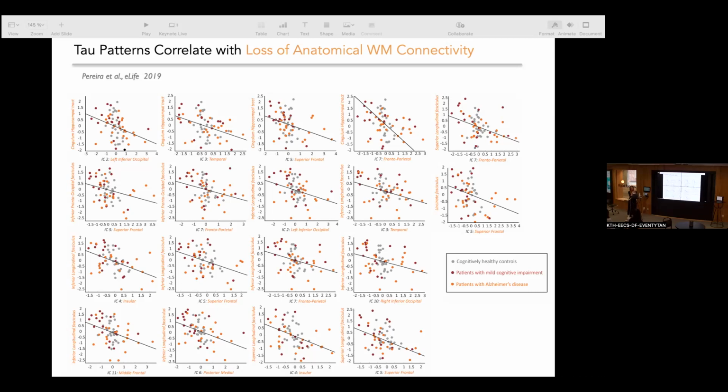And here what we are seeing are measures of white matter connectivity. What are these measures? These are axonal measures. I see. That's why tau predicts very well.